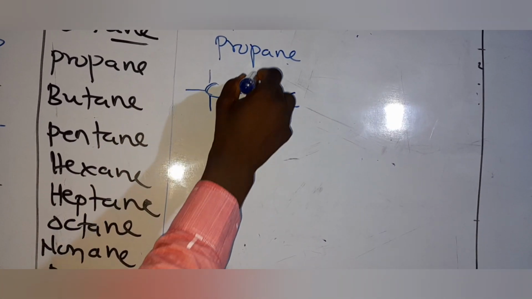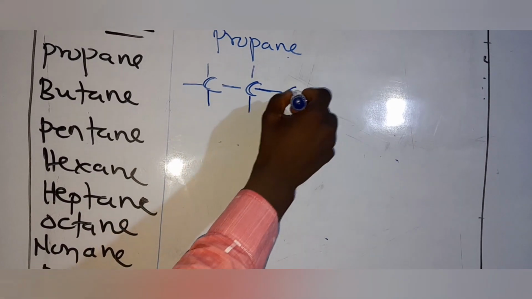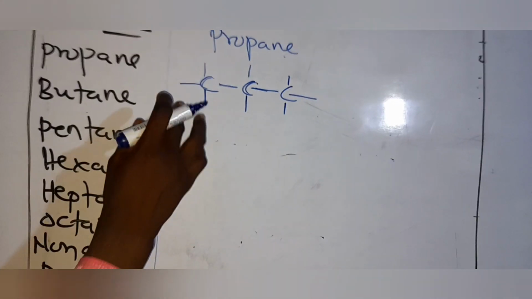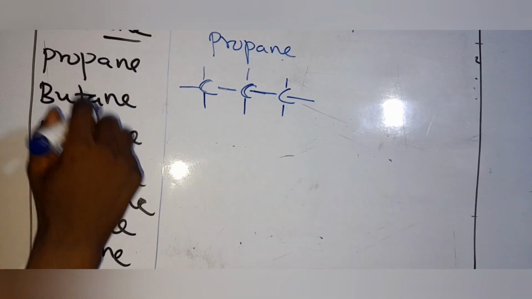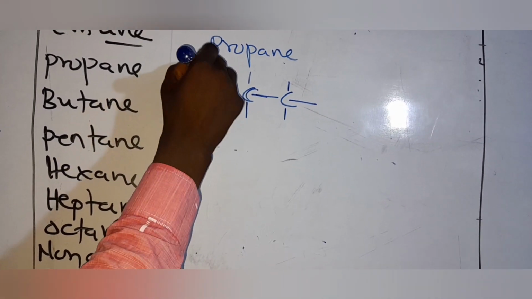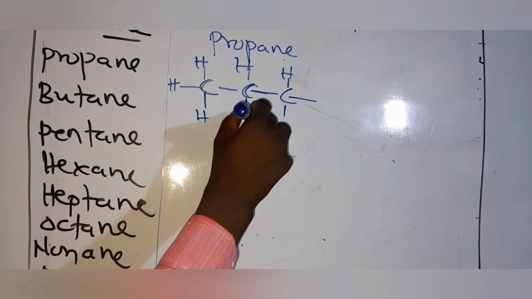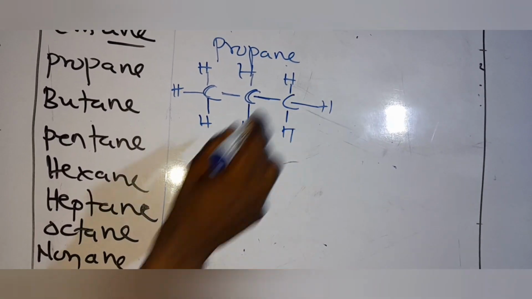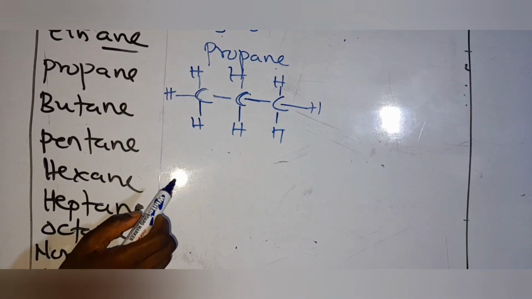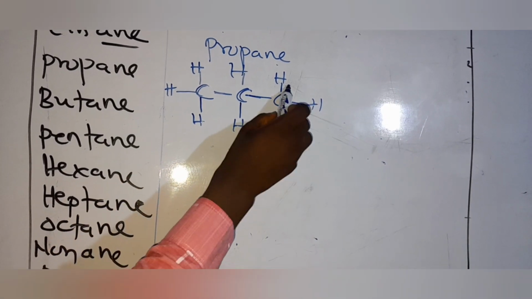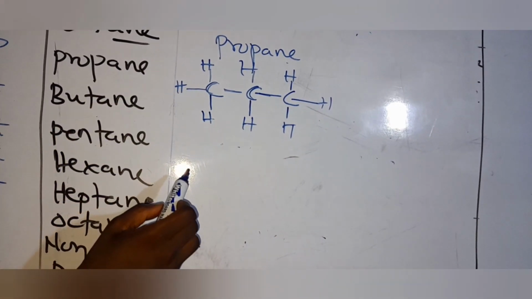This 1 is already here, 2, 3, 4. Where there's no place, add hydrogen to that one. So I'm going to have 8 hydrogens. Let's count: 1, 2, 3, 4, 5, 6, 7, 8. That is propane.